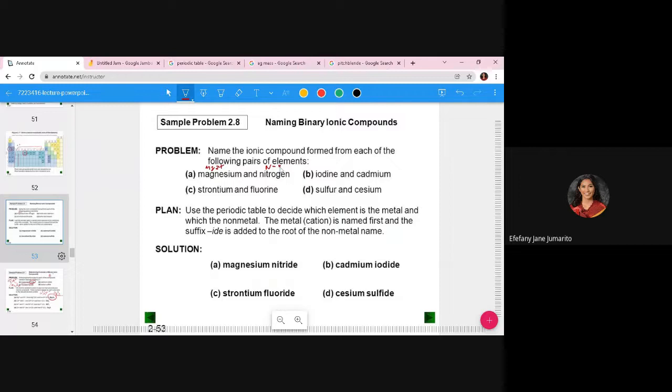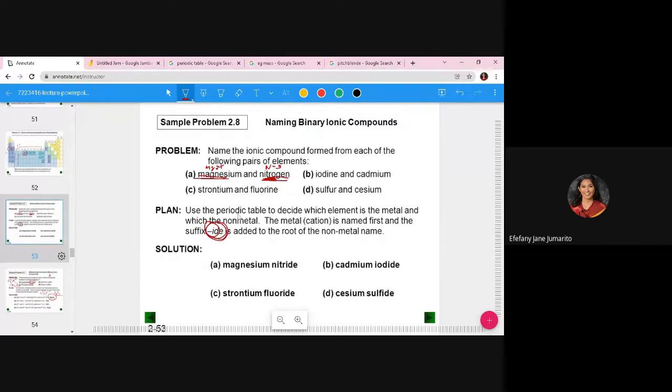Negative 3. Okay, now, when we name this one, we change the anion only and retain the cation. The anion changes to the suffix -ide.